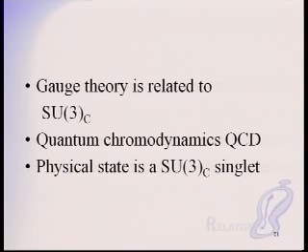And the quantum theory is called quantum chromodynamics. Chromo just means color. This is an analogy to quantum electrodynamics. And normally we say QCD, just as quantum electrodynamics is called QED. And the physical state has to be an SU3 color singlet.